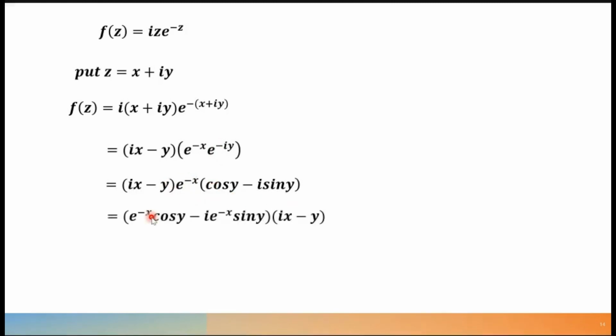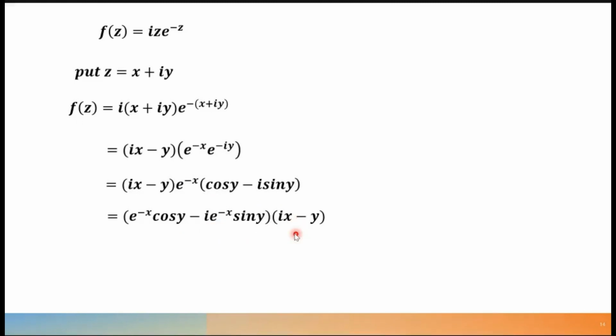So I'll get e raised to minus x into e raised to minus iy. e raised to minus x is a real number. e raised to i theta is cos theta plus i sin theta, and e raised to minus i theta is cos theta minus i sin theta. Here I've taken i inside, so ix minus y. e raised to minus x is real, cos y minus i sin y. Now e raised to minus x is real, which can be written separately. Okay, I've taken inside e raised to minus x cos y minus i sin y.